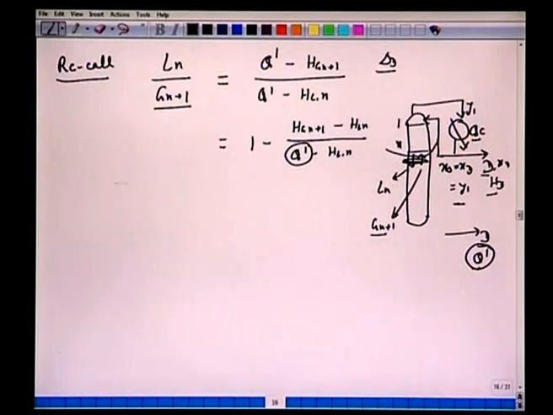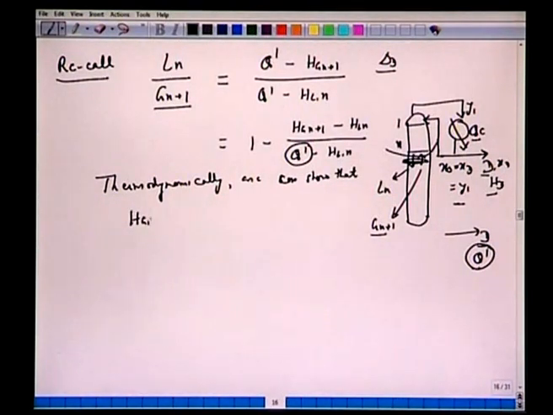Now what happens is that thermodynamically one can show that HGn plus 1, the enthalpy of the vapor arriving from plate number n plus 1. So the plate n and we have plate n plus 1.